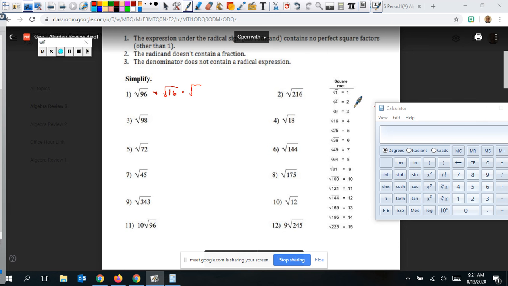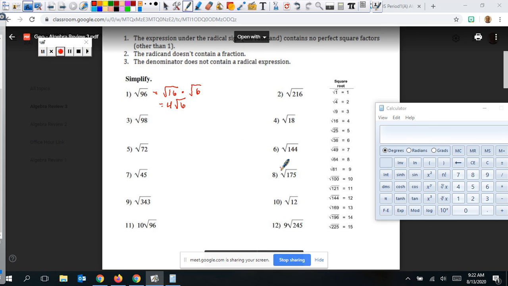We saw in our calculator it was 6. So 16 times 6 gives us 96. Now I can simplify, since 16 is a perfect square, it can be reduced to 4. The square root of 6 will stay what it is. And there's our answer, 4 square root of 6.